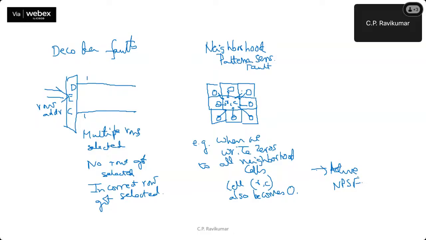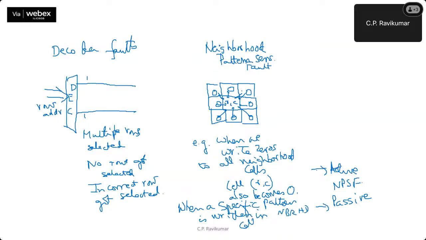Whereas I could have a passive neighborhood pattern sensitive fault, where when a specific pattern is written in the neighborhood, then cell RC cannot change state.